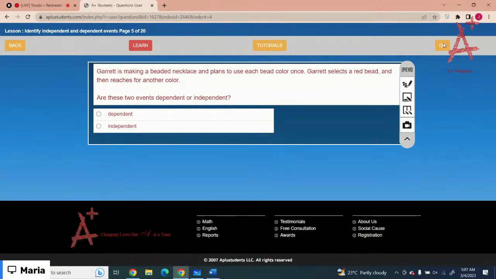They are dependent, because she wants to use every color just once. So if she uses the red, she is not going to use the red color again. Now she's going to select another one. Let's suppose she has four colors. She picked one red. Now she has just three options. So they are dependent events.